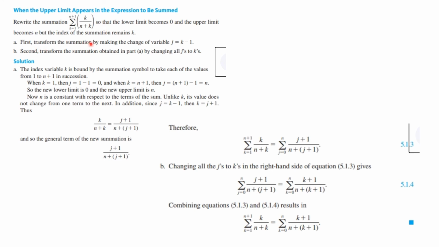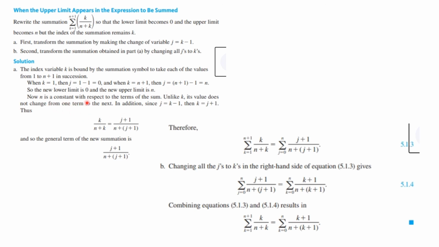So first transform the summation, making the change of variable j equals k minus 1. So we go through the steps that we did before. When k equals 1, j is equal to 0. So the lower limit is 0, and the new upper limit, when k equals n plus 1, then j is equal to n. So we're changing the limits.